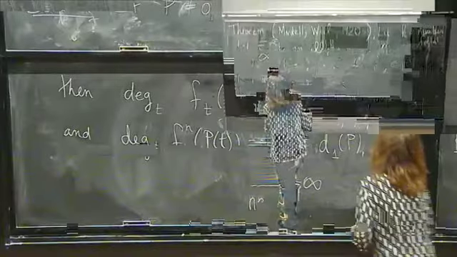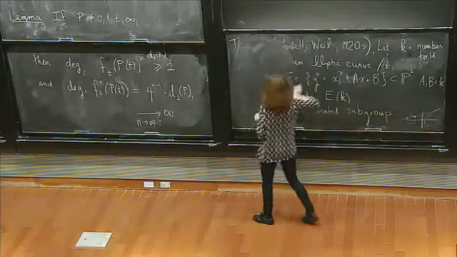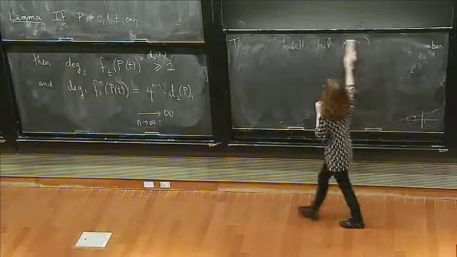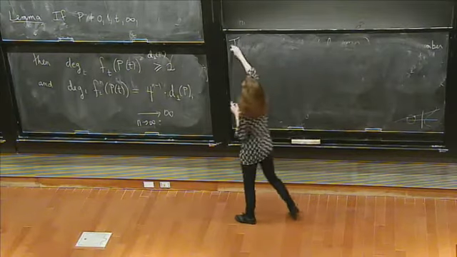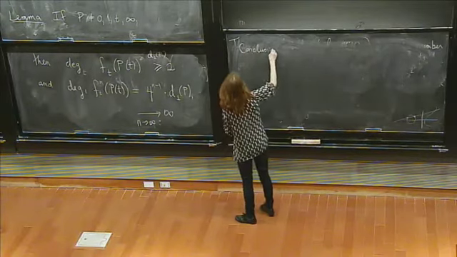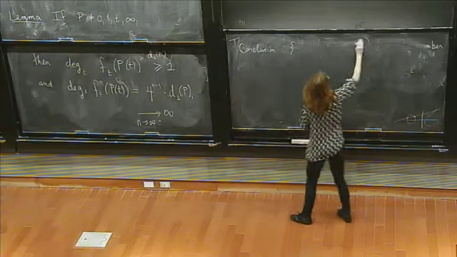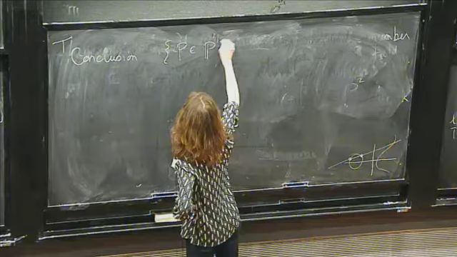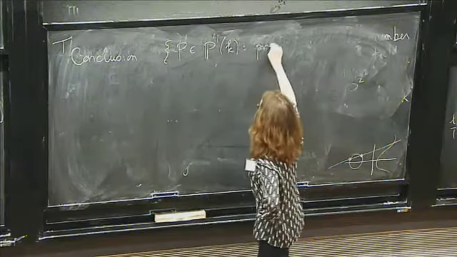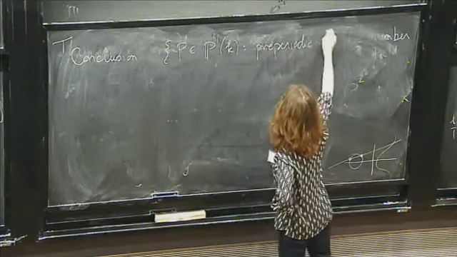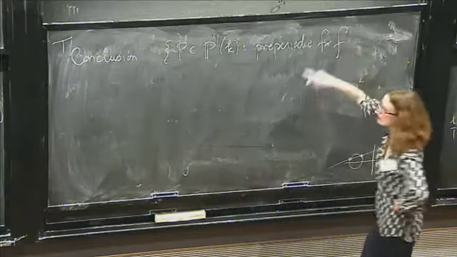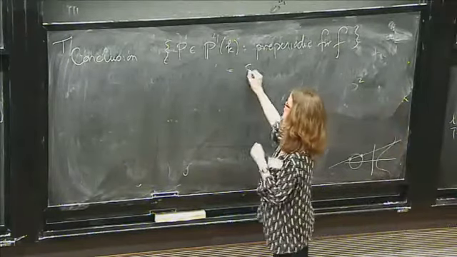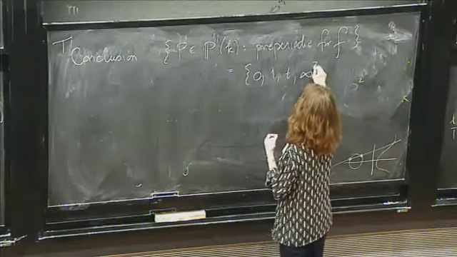I guess I can erase this, is that, I'm going to do okay with time. So the conclusion is just that the set of all rational points on P1, which are pre-periodic for this particular lattice map F, is precisely this set, 0, 1, T, and infinity.